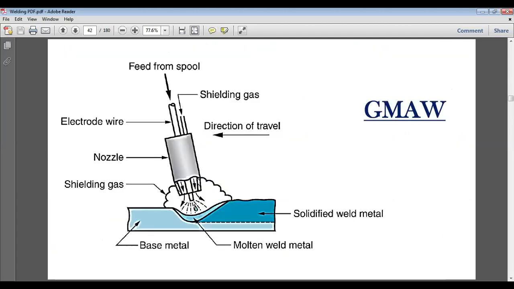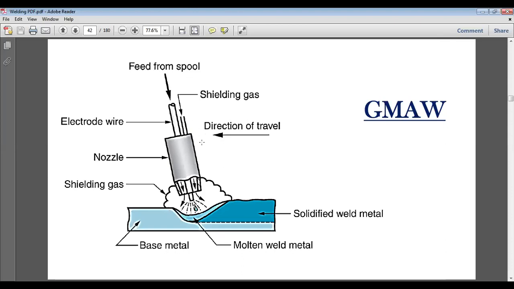GMAW or metal inert gas, we can see the molten metal pool, solidified weld metal, direction of weld, shielded. This is the schematic or the diagram that basically tells that inside we have a wire, an electrode wire or electrode that is consumable type that is constantly melting, and we have a power driven electrode wire. So the power drive is moving and we are feeding the wire at a constant rate, or we use a consumable electrode that consumes at a relatively high speed.